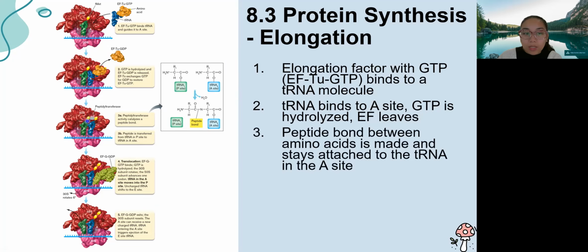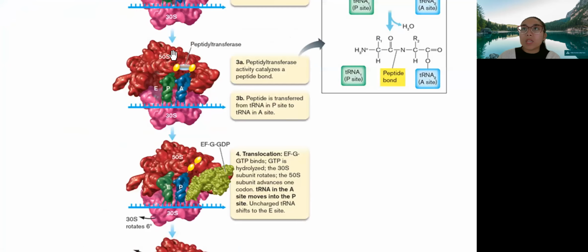And then the connection between this amino acid and this tRNA is severed, so that now it's only attached to this second tRNA. So notice that this bond here is broken, and so now it's just this amino acid attached to this amino acid, which is attached to this tRNA, instead of them being attached like a bridge. Okay, so that's that.